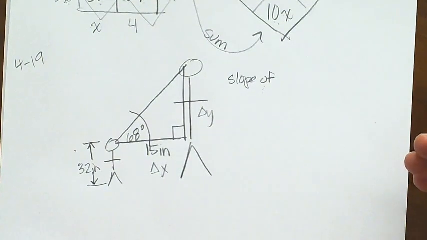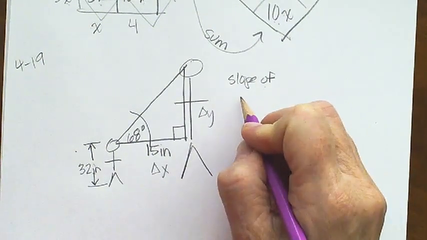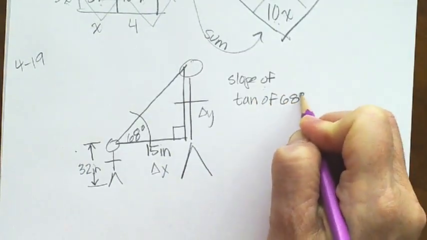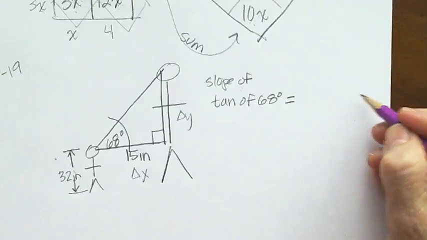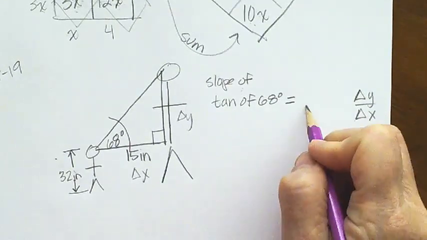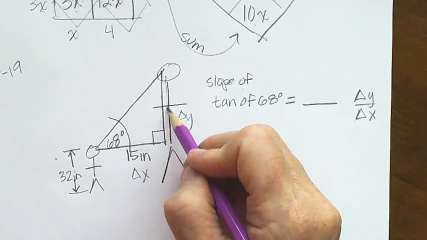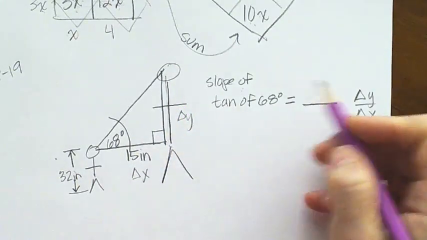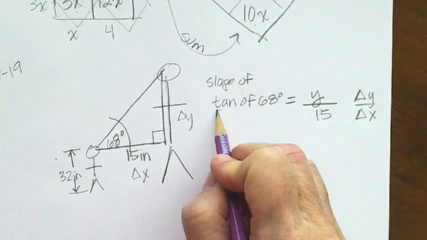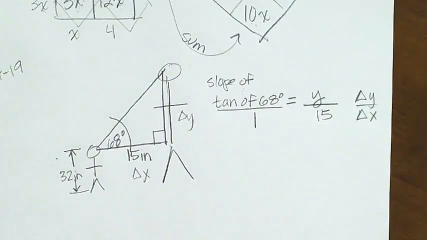It would not be a pretty fraction if we were to use the fraction. So the slope, or the tangent of 68 degrees, is equal to change in y over change in x. That's equal to the dimension that I'm looking for, y, the rise, over the run. Let's put a 1 under tangent of 68.